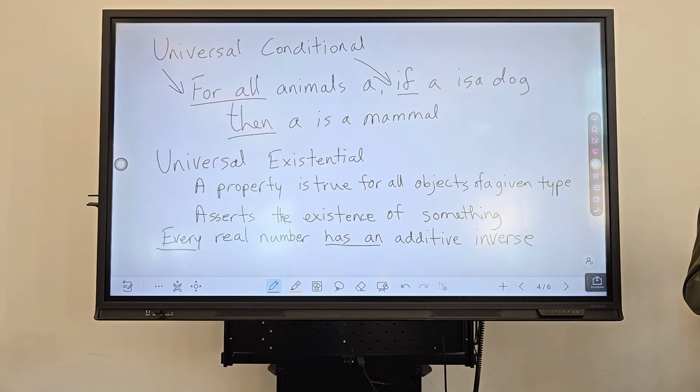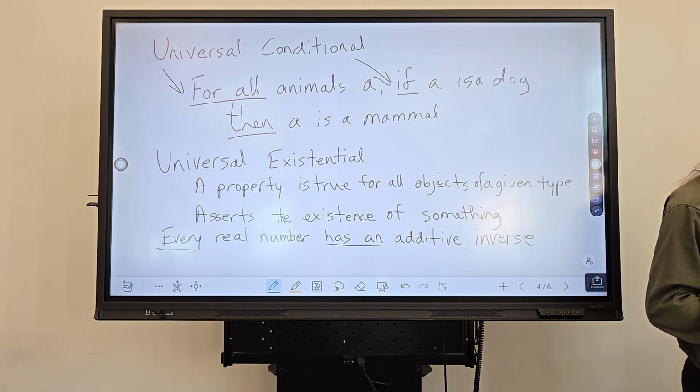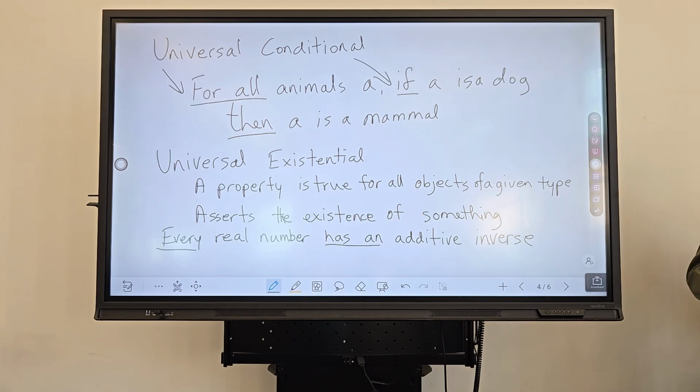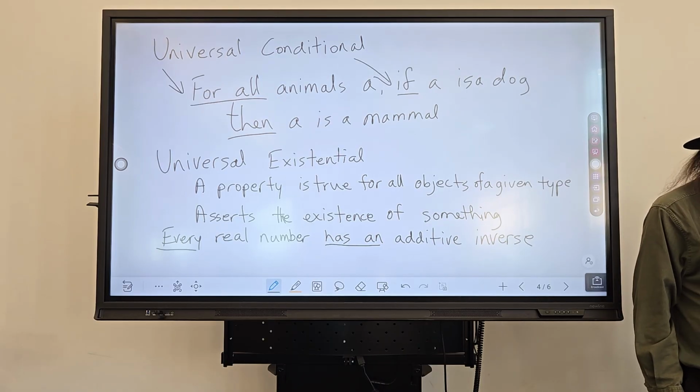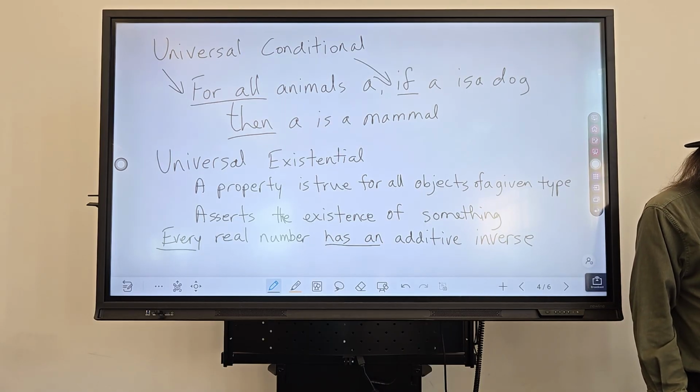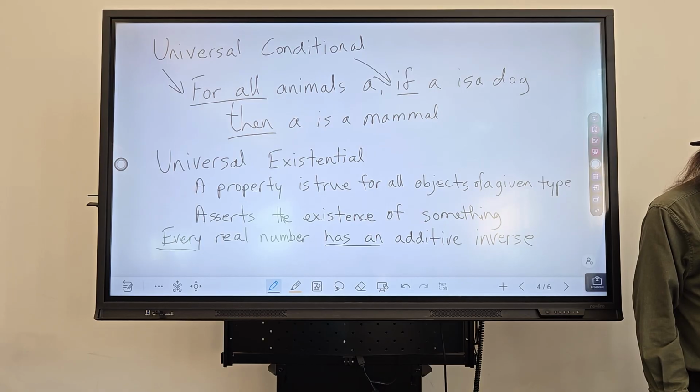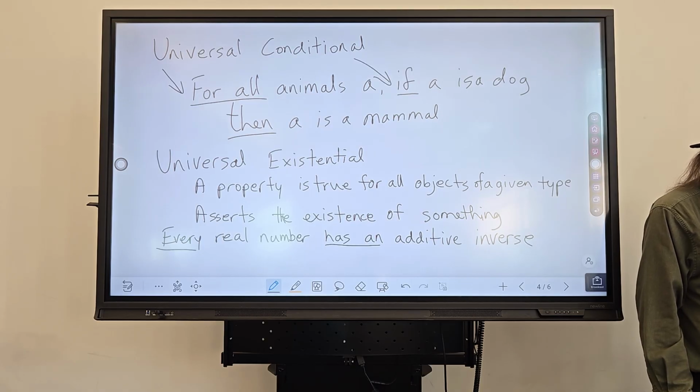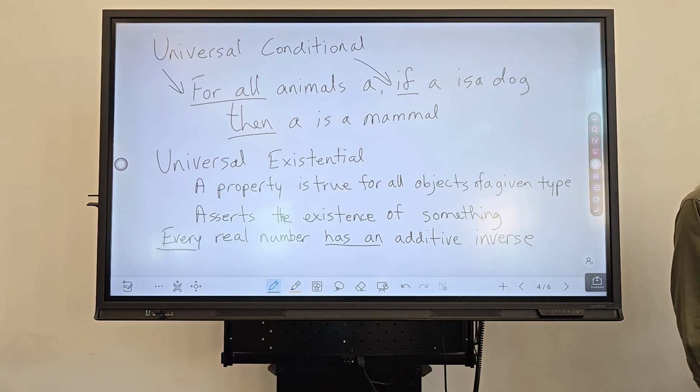It can be written several ways, some formal, some informal. The informal would be something like all real numbers have additive inverses. Something more formal would be for every real number R, there is a real number S such that S is an additive inverse for R.